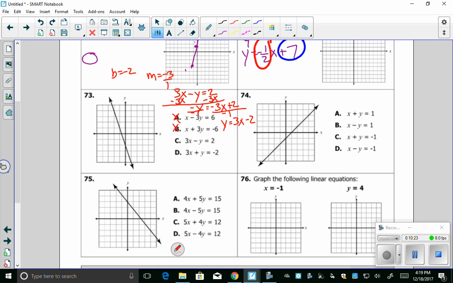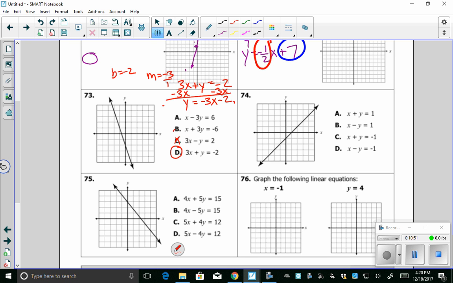So it can't be C. Therefore, it should be D. But let's make sure that D is right. So I have 3x plus y equals negative 2. Subtract 3x from both sides, and you get y equals negative 3x minus 2. Yep, answer is D.